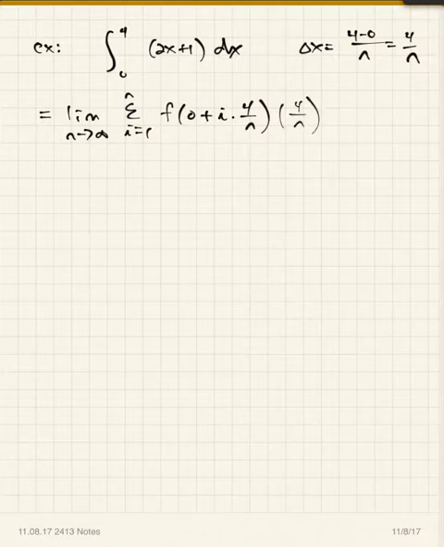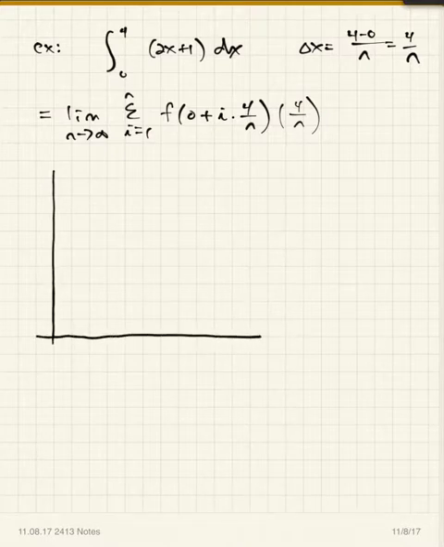Now, rather than evaluating this, what I want you to do in this problem is look at the picture of the function 2x plus 1 between 0 and 4. At x equals 0, the graph is at 1. We're going to change the scale a little bit and go out to 4 right there.